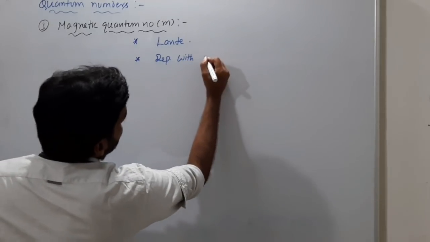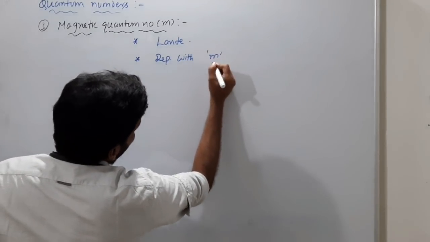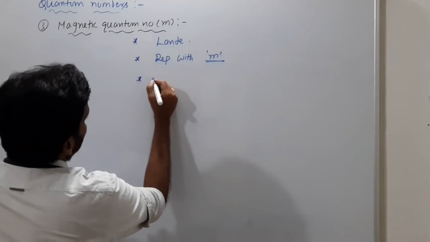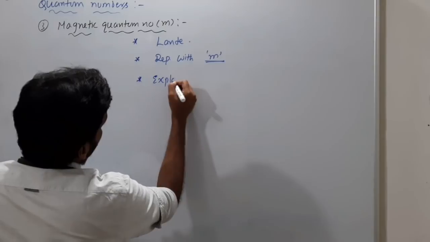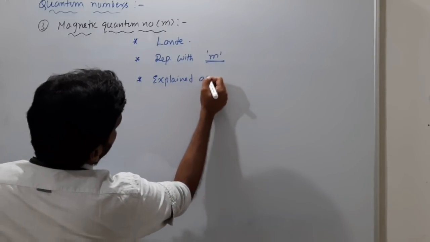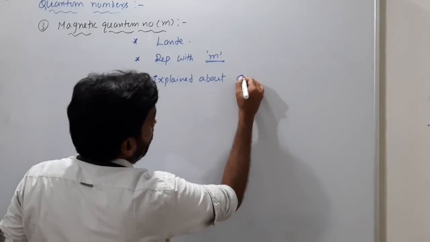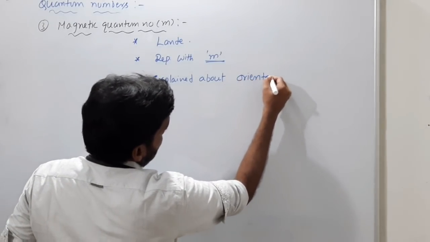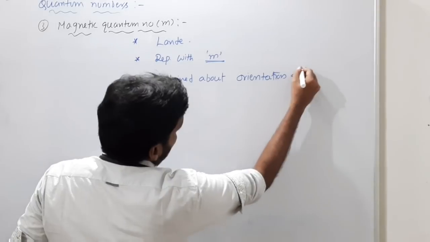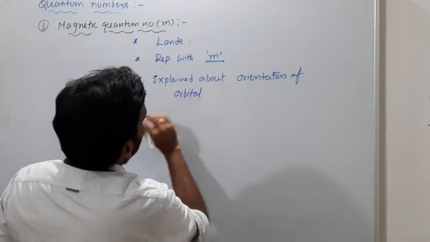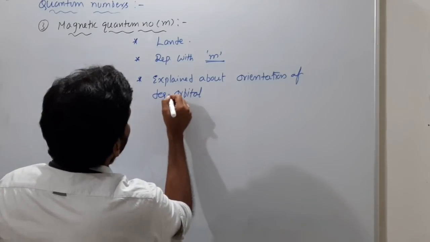It is represented with small m, and it explains the orientation of an orbital or atomic orbital. What orbital? That is called a degenerating orbital.